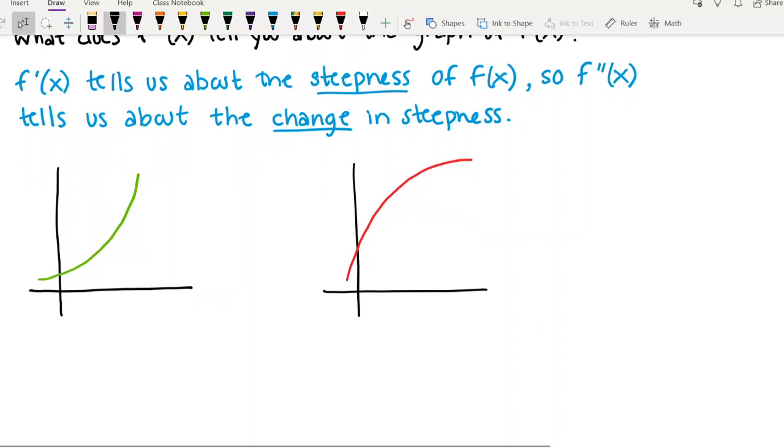And basically what's going on here is that let's think about the slopes of the tangent lines in both of these. So if you were to take some different slopes of tangent lines on the green graph, so maybe here and here and here, notice that those tangent lines are getting steeper and steeper. So what does that tell us? Let me write that down. The tangent lines are getting steeper.